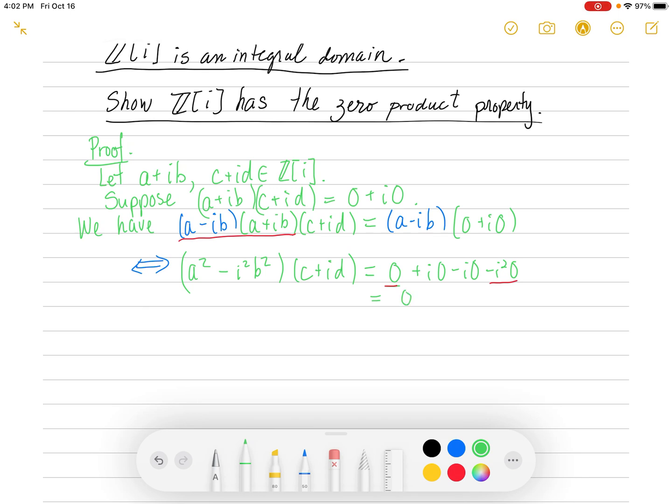Negative i squared is going to be just positive 1, so you're going to get 0 there. And when you subtract these, you're going to get plus i0 there.